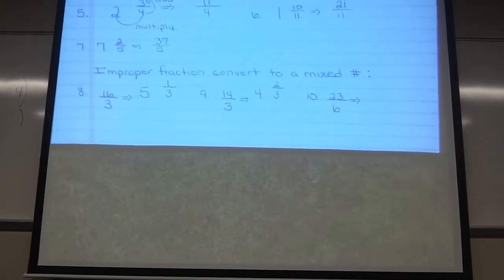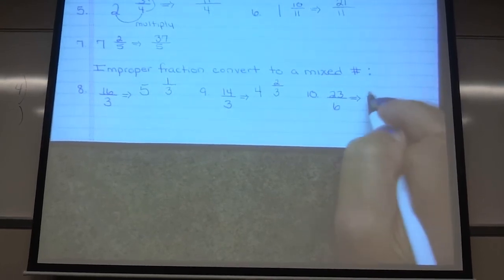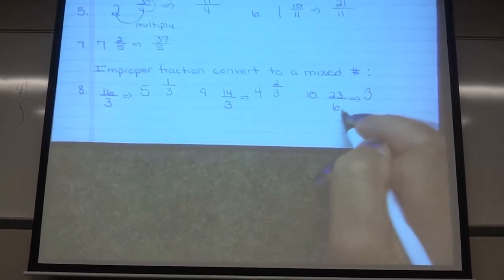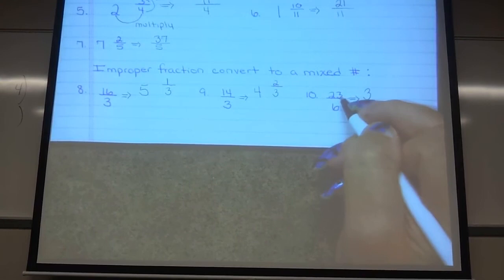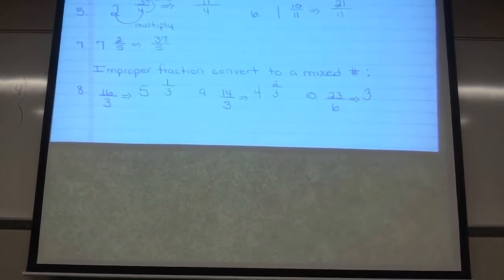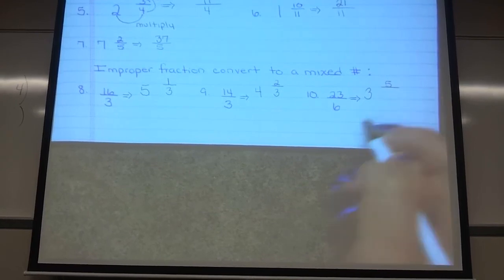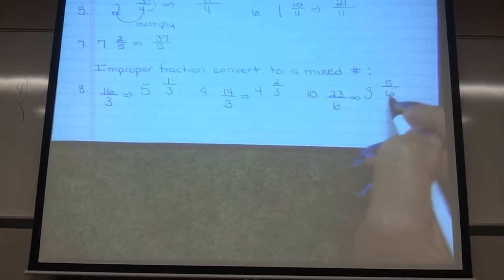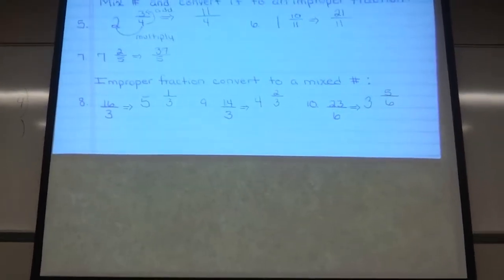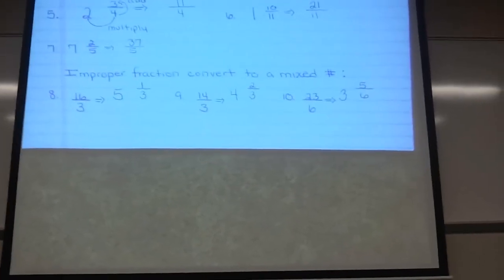Okay, how many times would 6 go into 23? 3. But I know 6 times 3 is 18, and I'm trying to get to 23, so how much more do you have to add? 5. So that is your difference. And you keep it over the 6. So that's going the other way. And that's the end of that section.